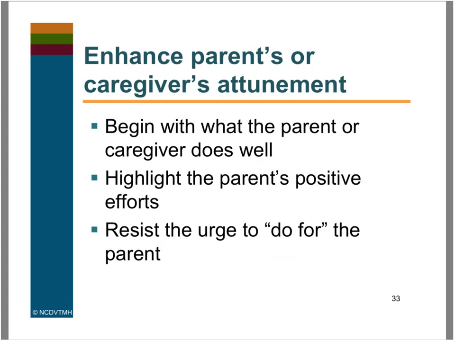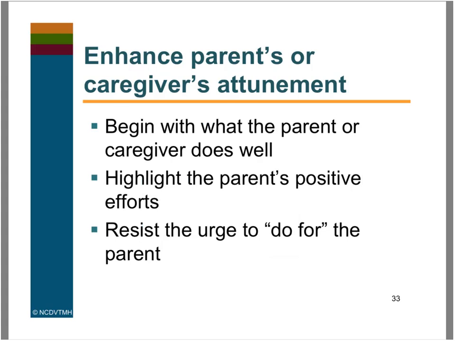Okay, so the next one, again, is another more global one, which is to enhance the parents' or caregivers' attunement to their child or children. And I think it's really important to notice and observe what's going well.